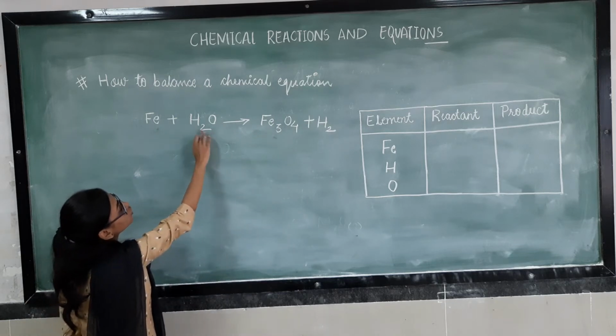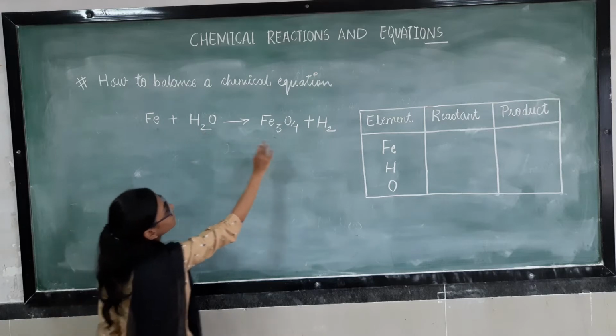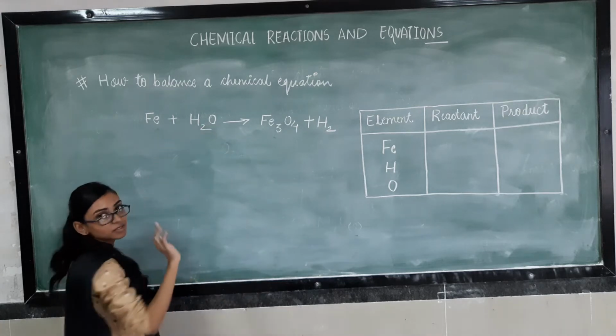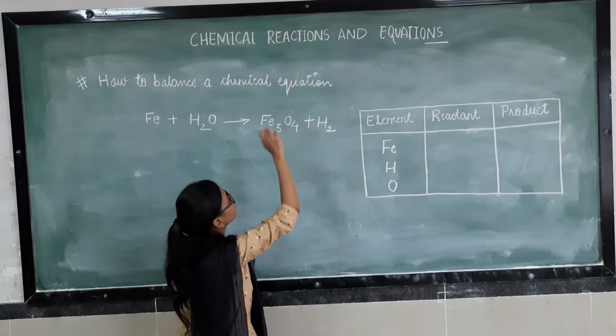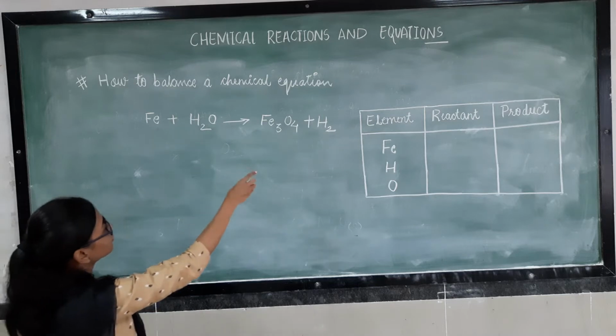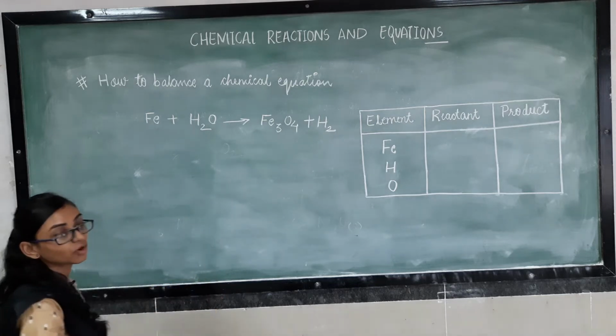H2O, here hydrogen is twice, here also hydrogen is twice present, here oxygen is only one atom, and here 4 oxygens are present. So we can directly say that this equation is not balanced.